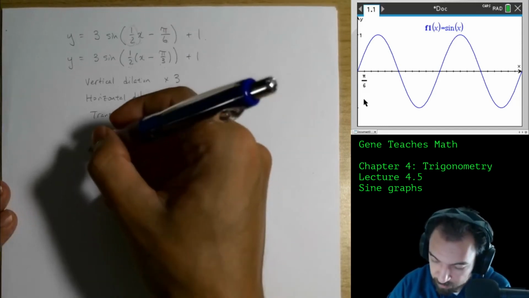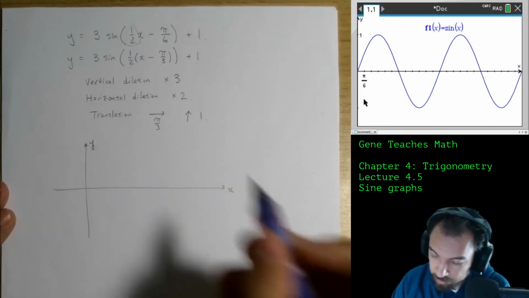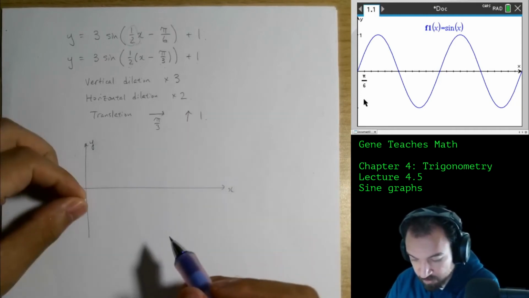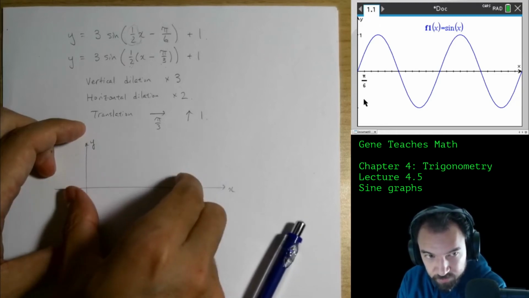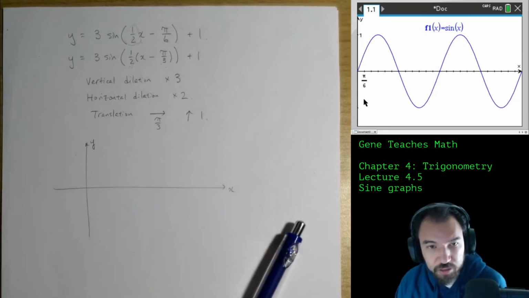If I try to graph this, I might think, okay, I have my original graph, and I need to stretch it 3 times vertically, stretch it 2 times horizontally, then shift it to the right pi over 3 and shift it up 1. That's a lot going on at once.